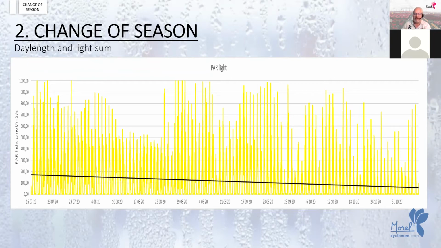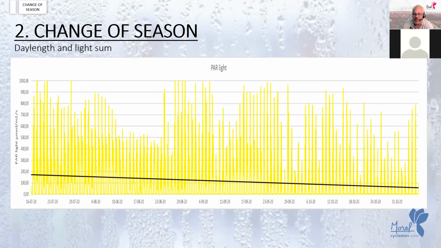And as the hours of light, so the day length, reduce, of course the light sum reduces because of that. And when the light sum reduces, the energy provided by the sun becomes less, and so the photosynthesis level of the plant will drop as well.